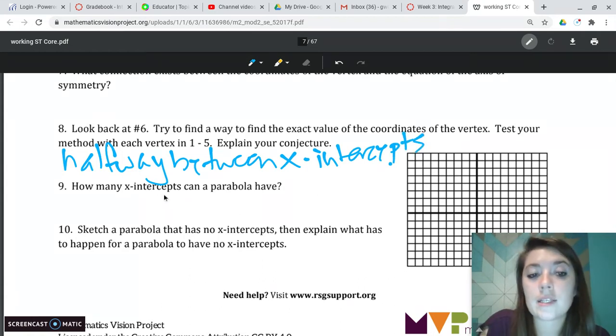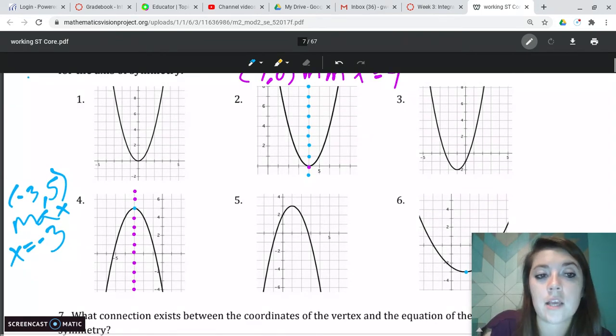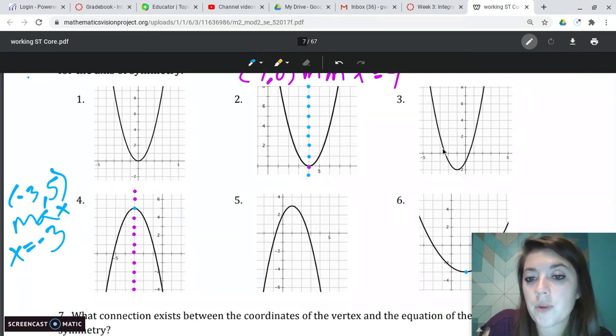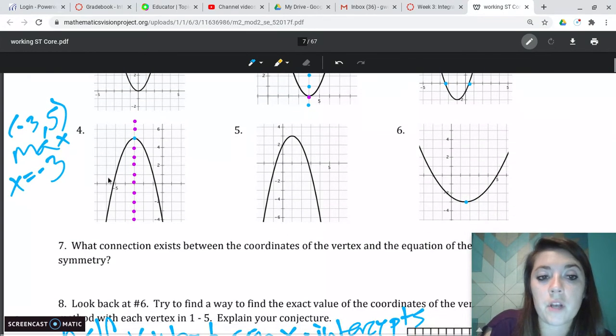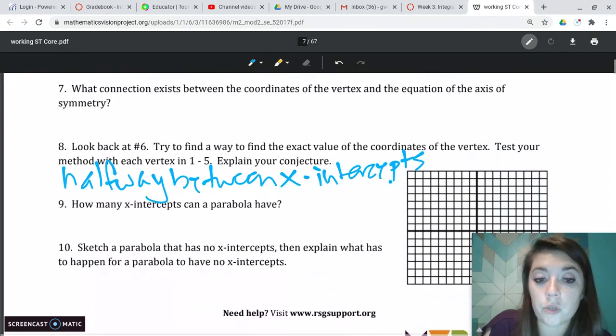All right, now x-intercepts. X-intercepts are where the graph crosses the x-axis. So here in this first one, there's exactly one because it's sitting on it. Same with the second one. Here in number 3, it crosses over here, but then it also crosses over here. So there are 2. This one also has 2, 2, and 2. All of those have 2.